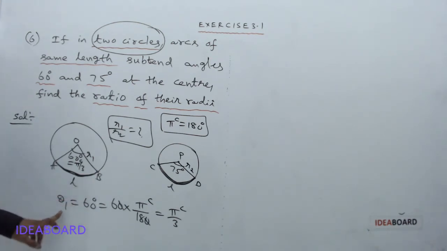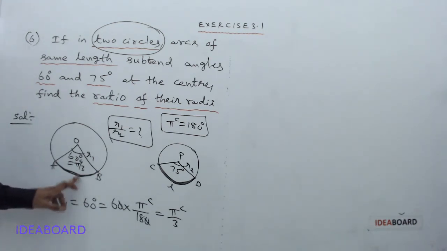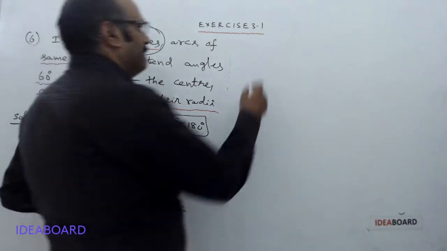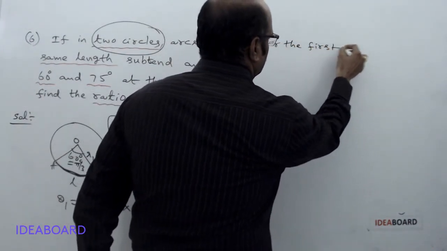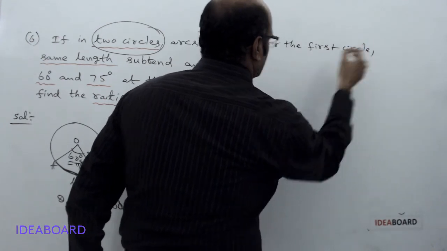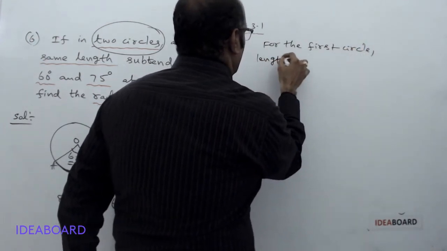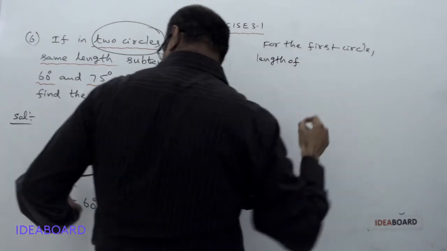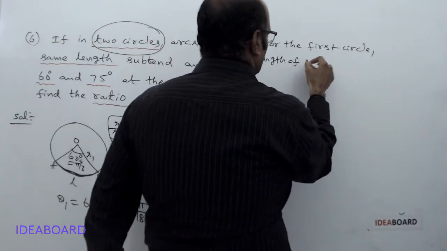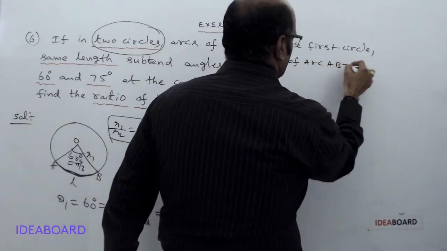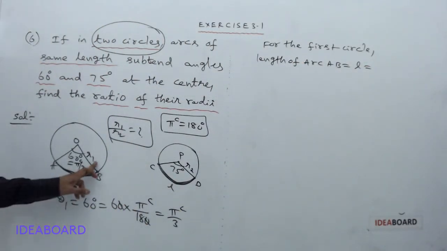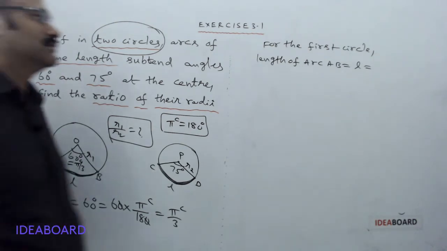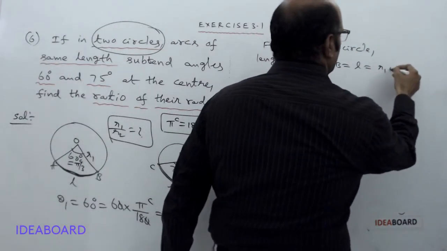Now we know that for the first circle, length of arc AB equal to L equal to r1 into theta 1.